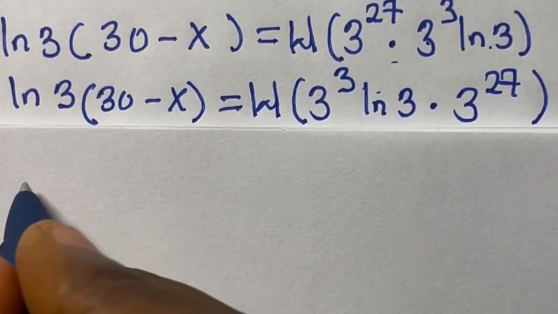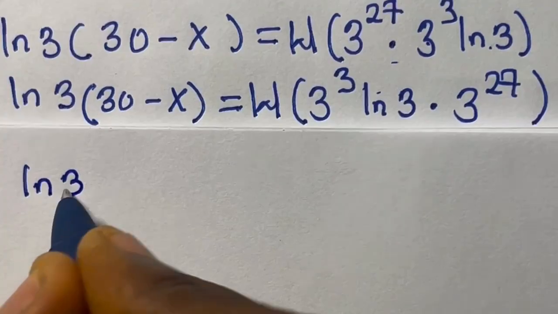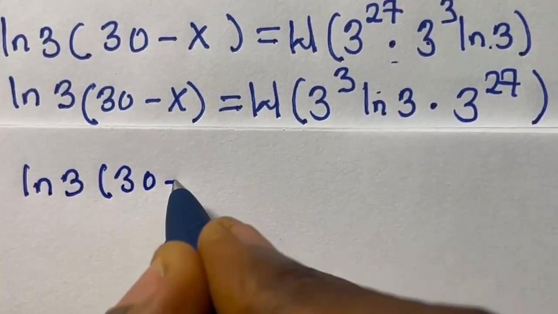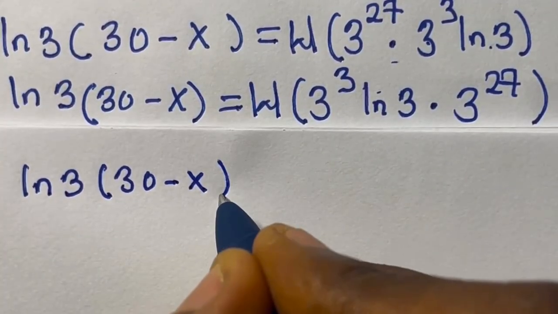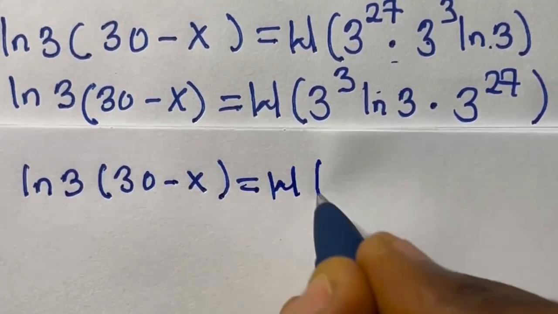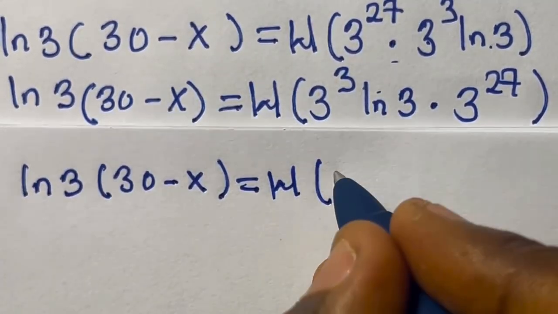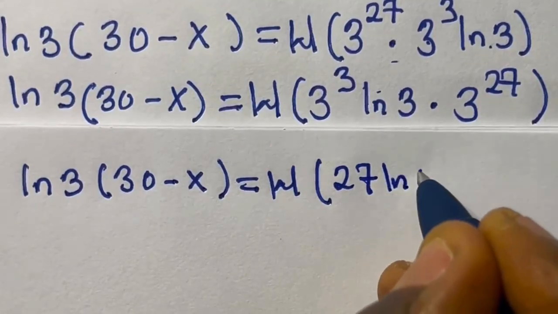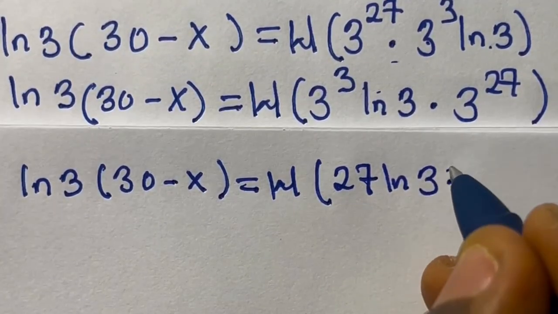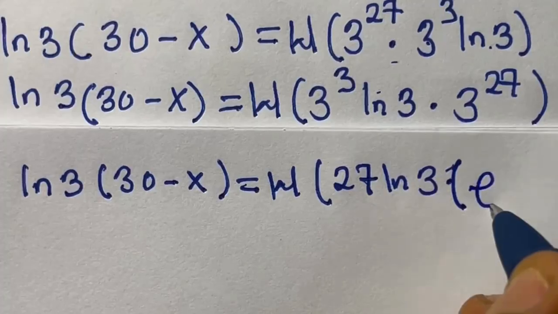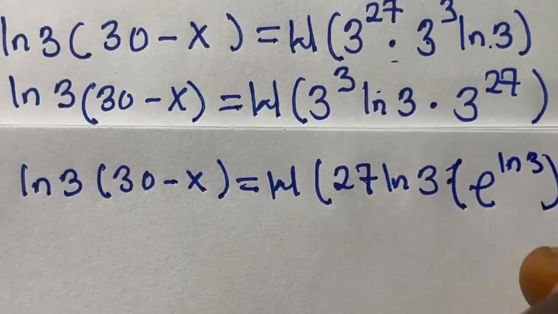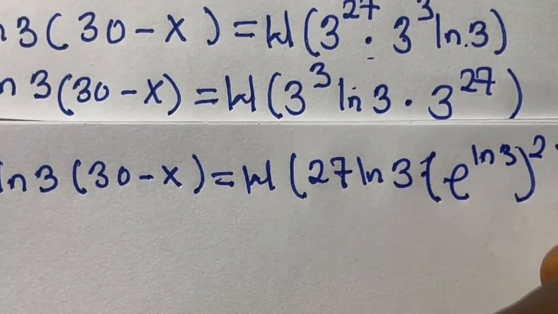So we'll have ln 3 times 30 minus x equals the Lambert function of 3 raised to the power 3, which will give us 27 ln 3. Alright, so then we have multiplied by exponential ln 3 raised to the power 27.